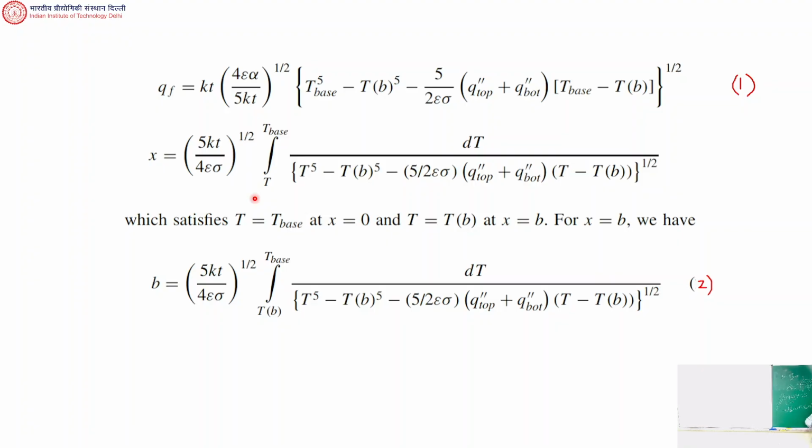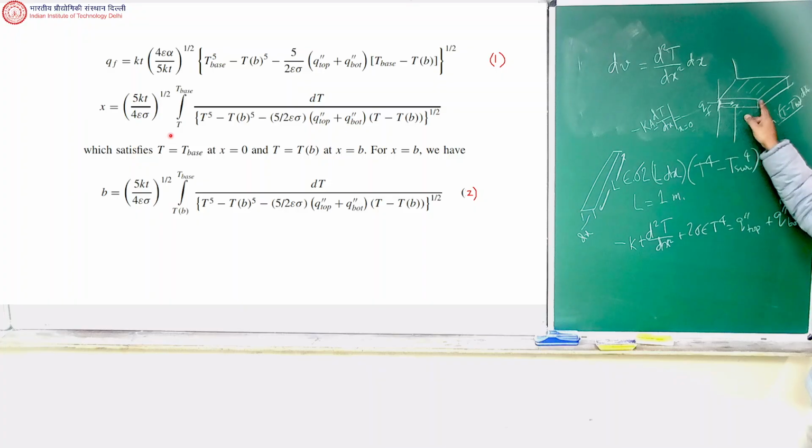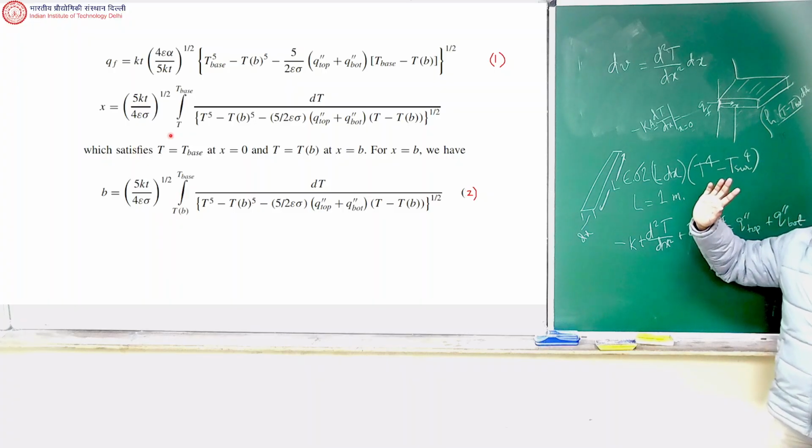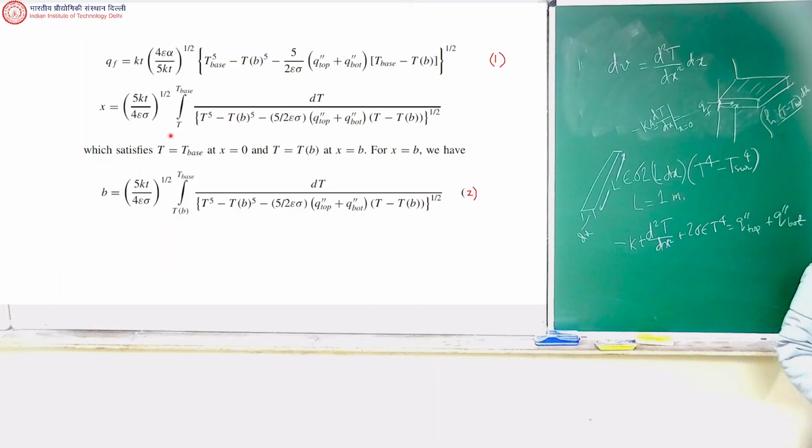So there is a general x, a variable thing, and that gives you a temperature T. This x is general, this T is general, but at that x.